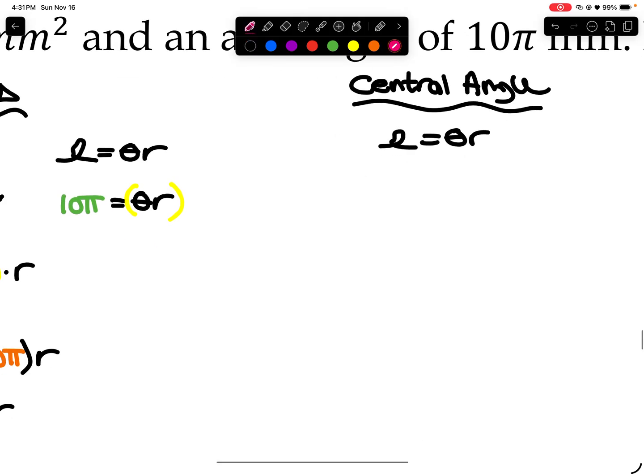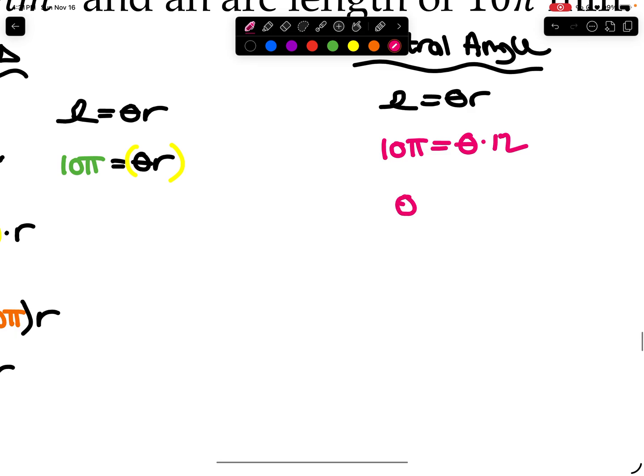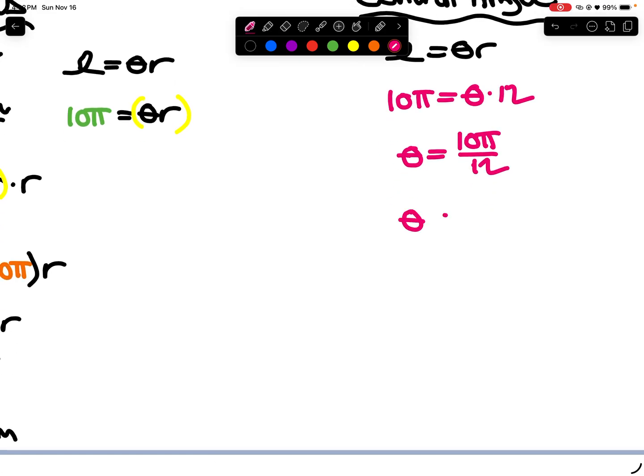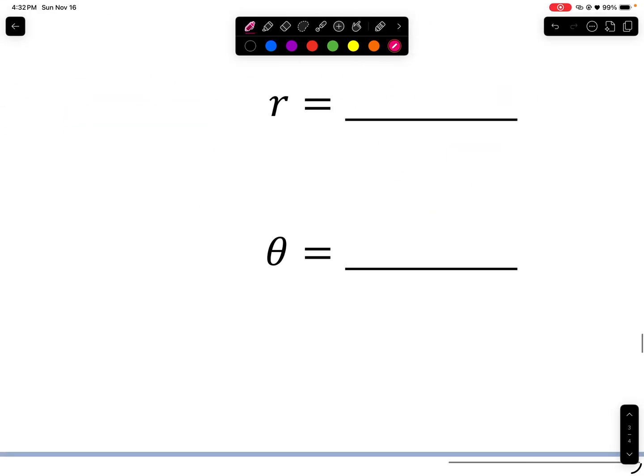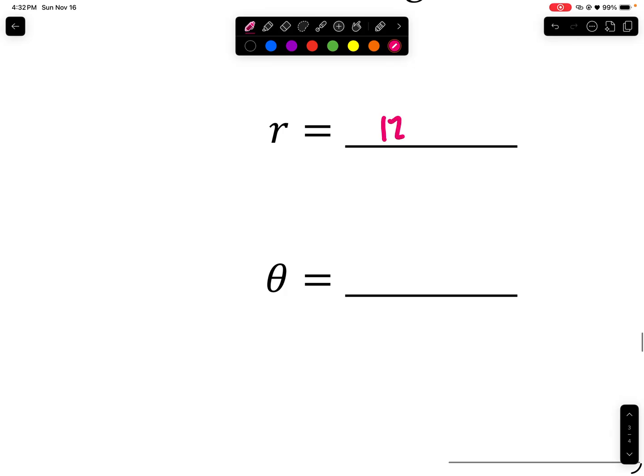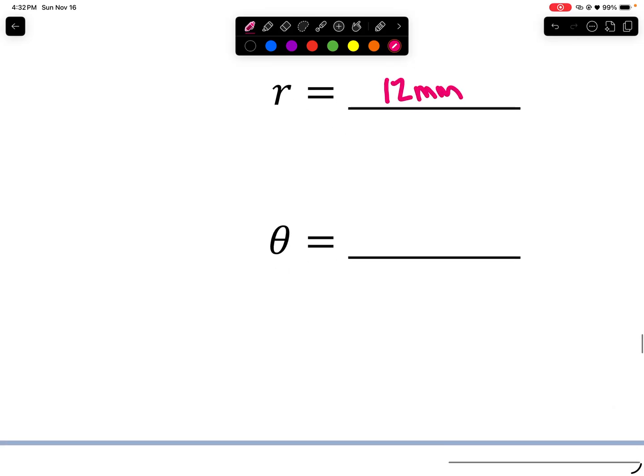We know the arc length is, what they say, 10 pi, and the radius is equal to 12. So when I solve for theta, I'm going to divide both sides by 12. So we're going to have 10 pi divided by 12, which means we're going to have a central angle of 5 pi over 6. So you're going to have a radius of 12 millimeters and then a central angle of 5 pi over 6.